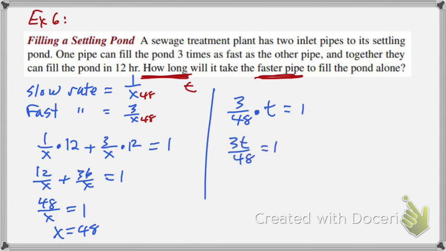I get to here, and then it's just Algebra 1. Is that a reasonable answer? Well, yeah. If both of them can fill it in 12 hours, it makes sense that one of them is going to take longer than that, even the fast one. So 16 hours, that's at least reasonable.